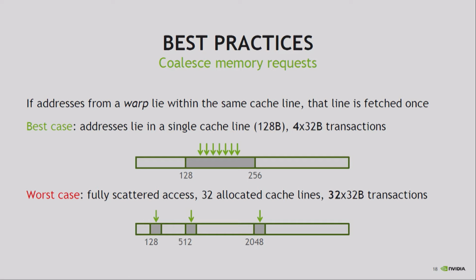So the actual cache line is 128 bytes, but the transaction size for latest GPUs is 32 bytes. So whenever you access scattered access, you're actually going to be moving 32 bytes per thread. So in this case, for example, if all threads access completely scattered locations, we have 32 transactions of 32 bytes.